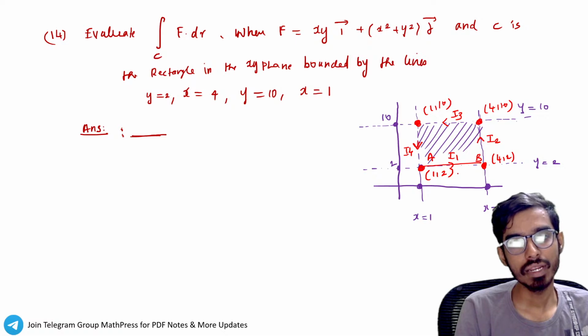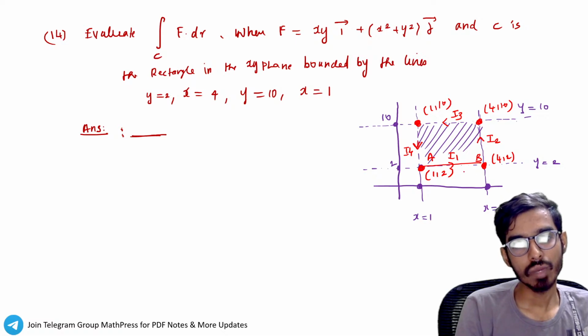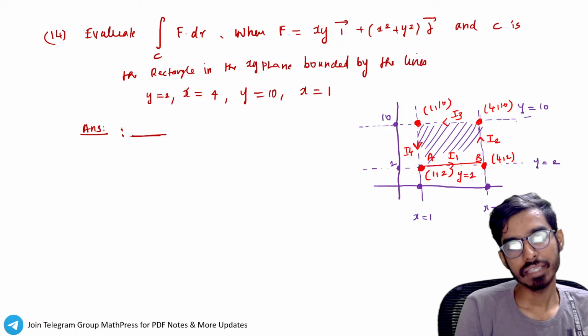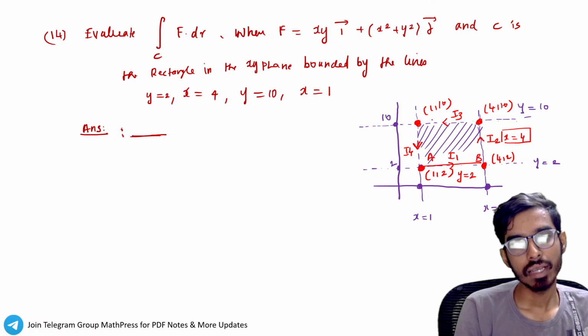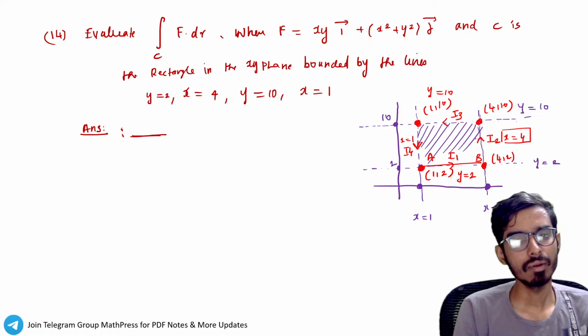So for I1, what is this line? For I1, y is equal to 2, x varies from 1 to 4. For I2, you take the line x is equal to 4 and you vary y from 2 to 10. And for I3, y is equal to 10, and for this one, x is equal to 1. We have done many problems based on this.